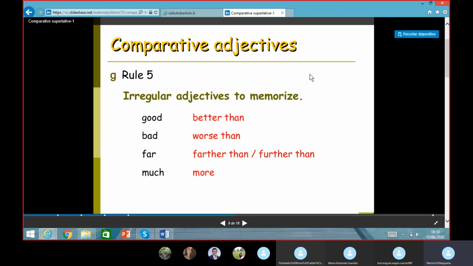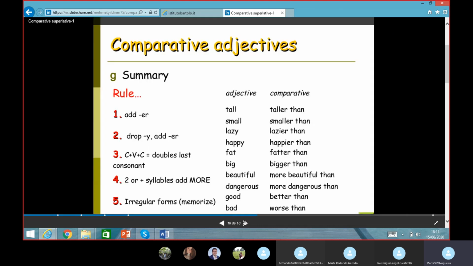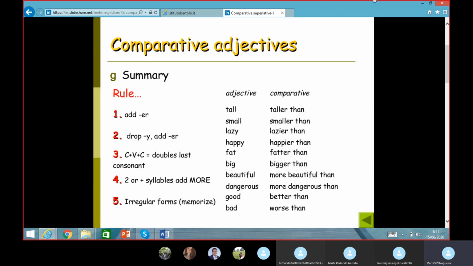Let me see if we have this summary. So those were the previous examples. The 5 possible rules. Remember, we've got adjectives like tall, small, and we add ER.